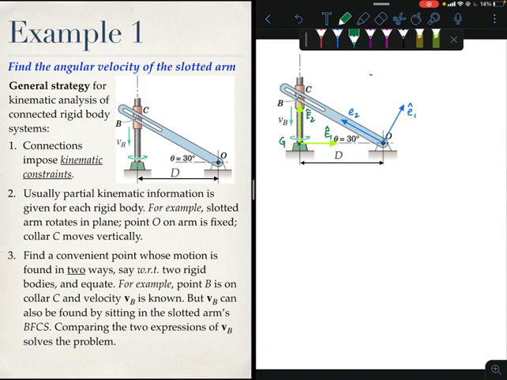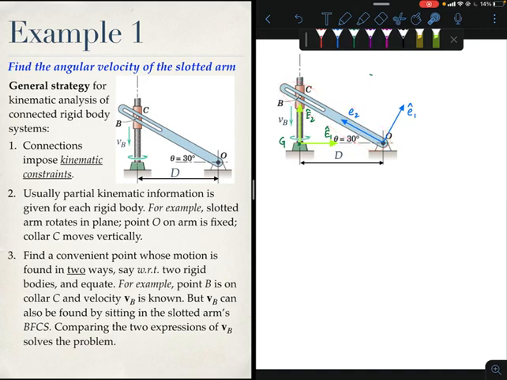As I said, the strategy is first to find a convenient point, and over here in this picture you will agree that a convenient point is point B. Usually convenient points are at the intersection of two rigid bodies. We are trying to understand the motion of the rigid body, which is the slotted arm.